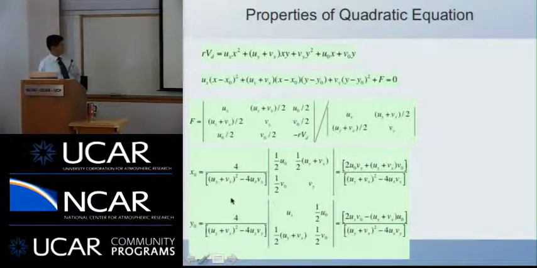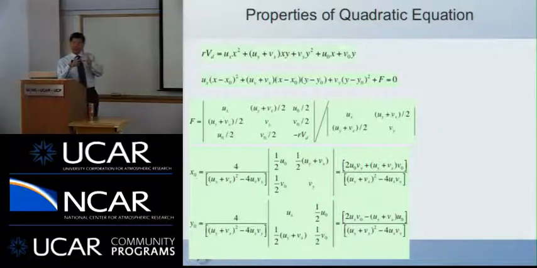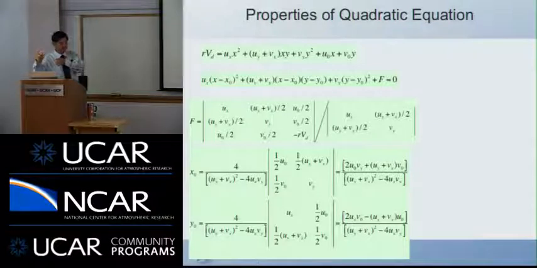So manipulating these, coefficient f can be represented in this form, and the x naught, y naught can be represented in this form. So one thing I want to point out is in the VAD analysis, because it's radar-centric, okay, there's no information of where that system is located. For example, a microburst.